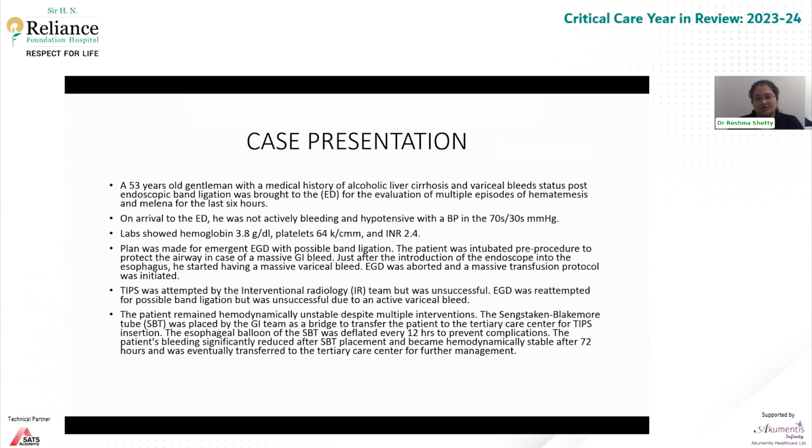So finally, they inserted a SB tube as a bridge to transfer the patient to tertiary care center for TIPS insertion. The esophageal balloon of the SB tube was deflated every 12 hours to prevent complications, and the patient's bleeding significantly reduced after SBT placement and became hemodynamically stable after 72 hours and was eventually transferred to the tertiary care center for further management.